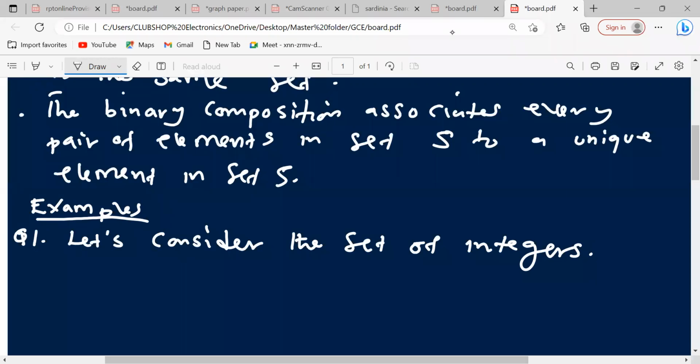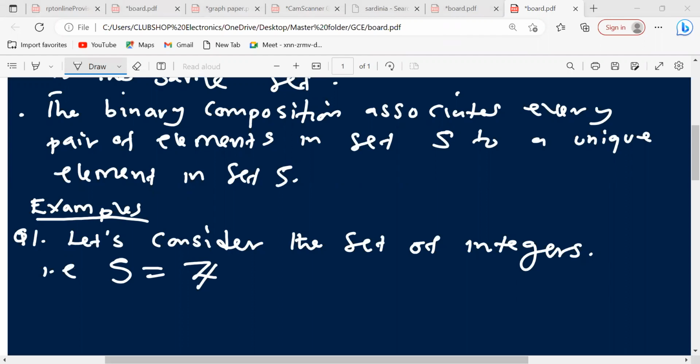We can say the set that we are considering is a set of integers.